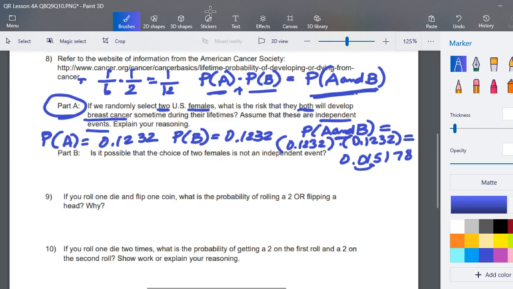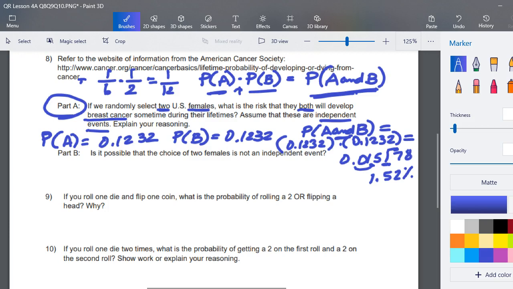And it doesn't tell us what to round it to. Let's round it to the hundredths. So the probability is about a 1.52% chance that these 2 random females are going to develop breast cancer sometime in their lifetime.